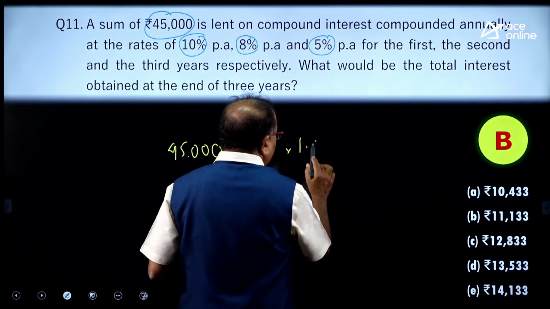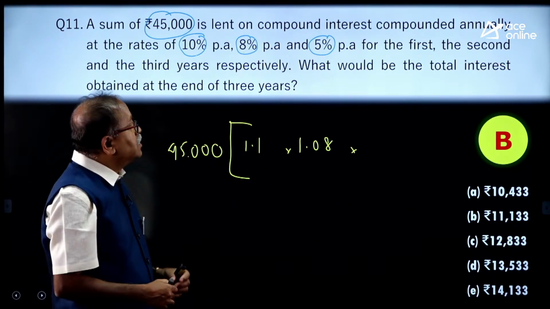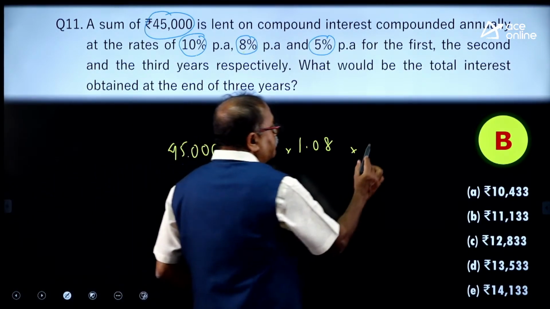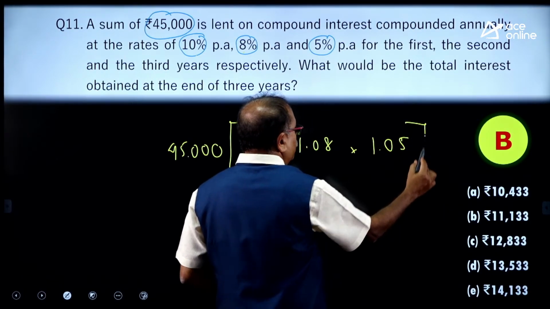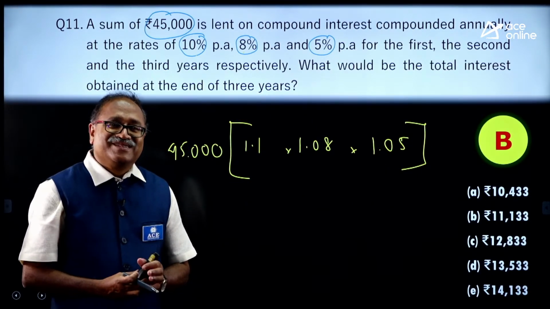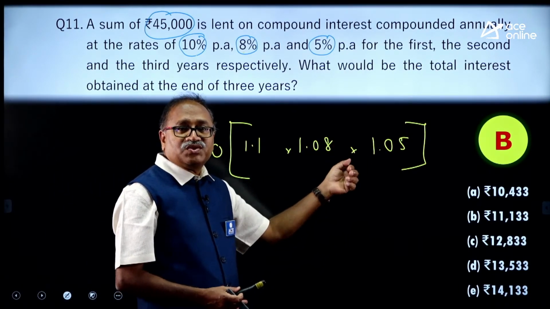So, multiply this by 1.08 where speed maths will be applied, and the third year 5%, that means 105%, 1.05.